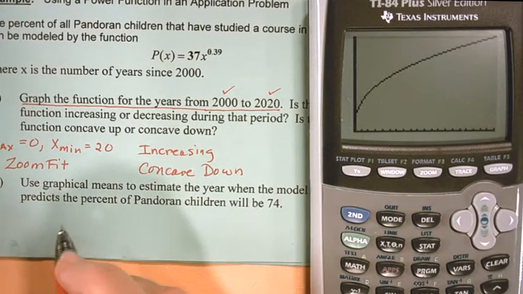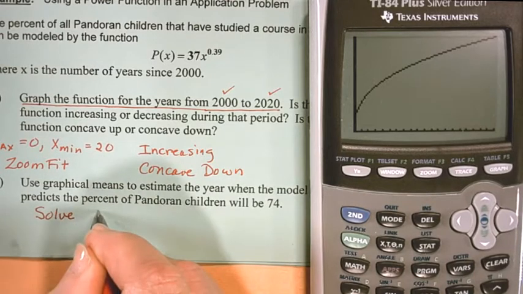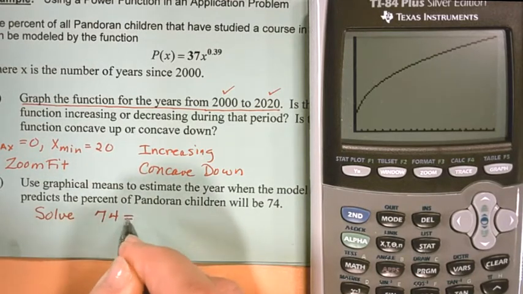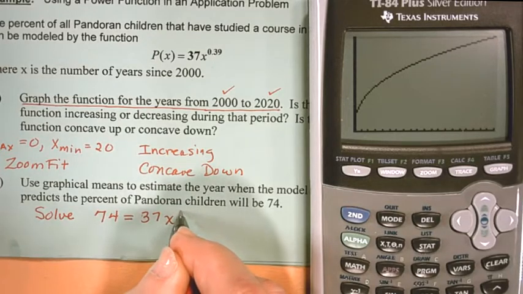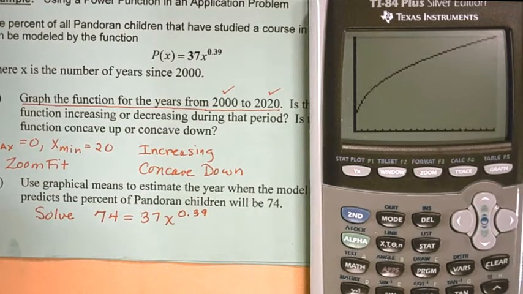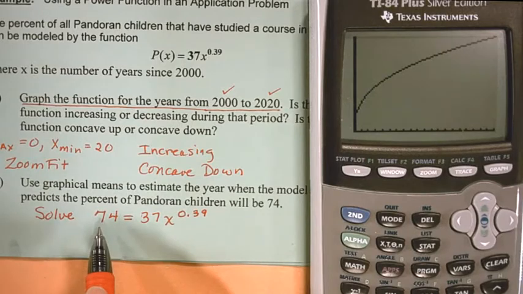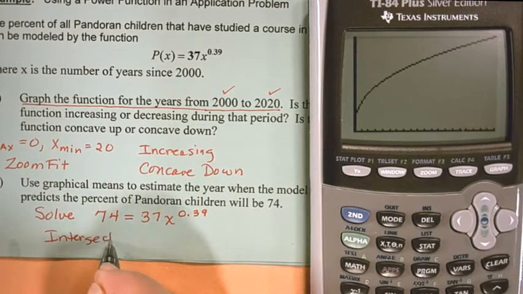So we're trying to solve the equation 74 is equal to 37x to the 0.39. Well, we've got to do it graphically because we can't do it algebraically. So remember, we're going to have an equation on one side, a number on the other. So we're going to use, again, the intersection method. We've used this several times before.